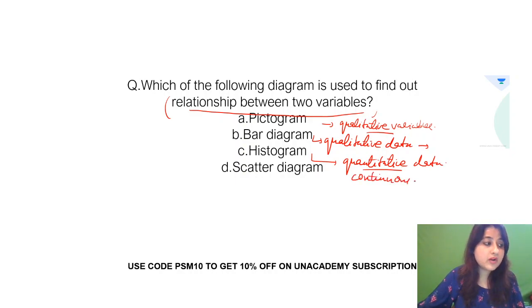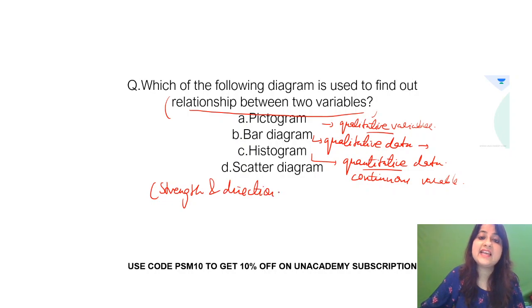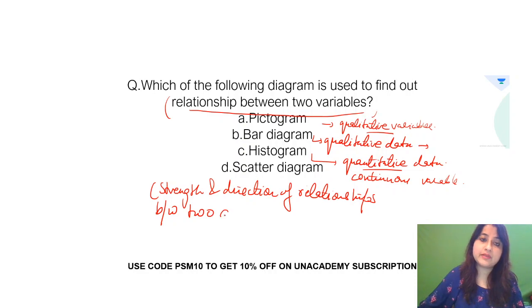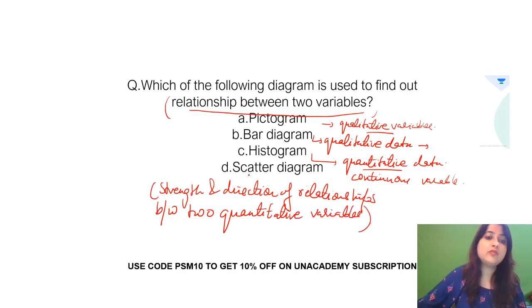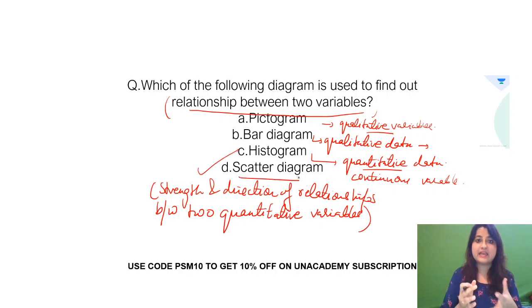But when we want to show a very important point, the strength and direction of relationships between two quantitative variables, everybody, then we use what is known as a scatter diagram.